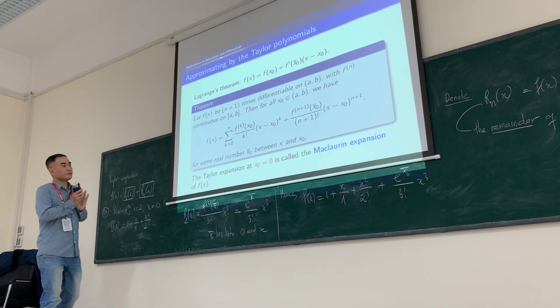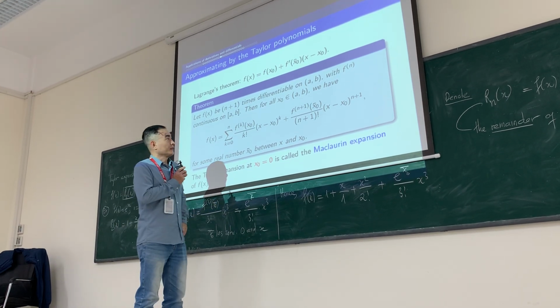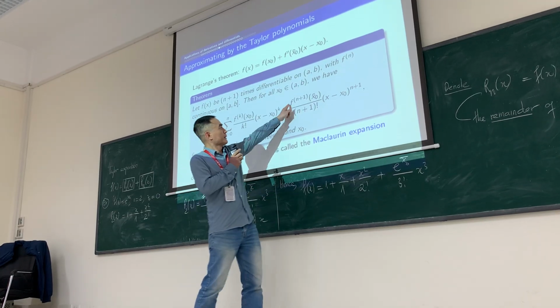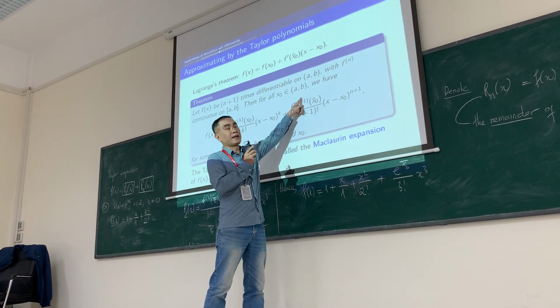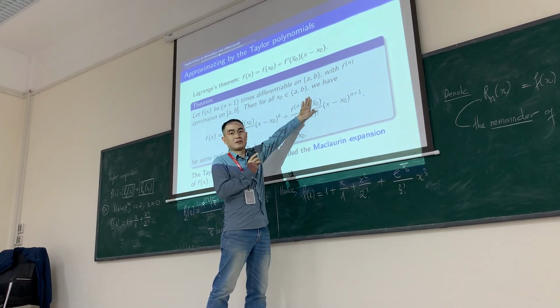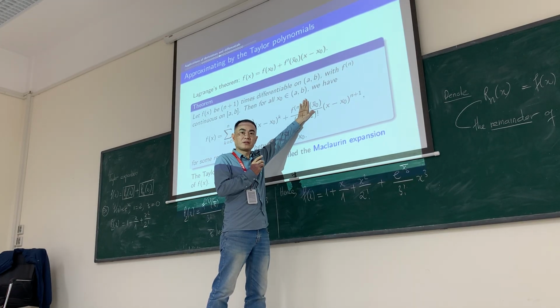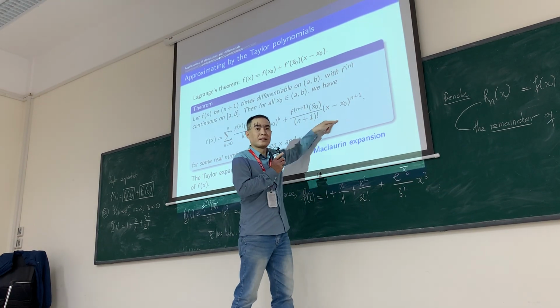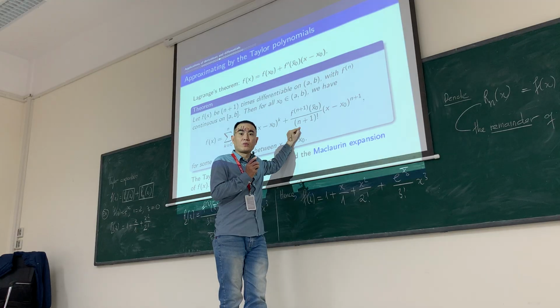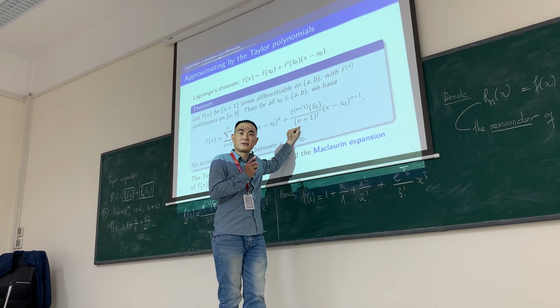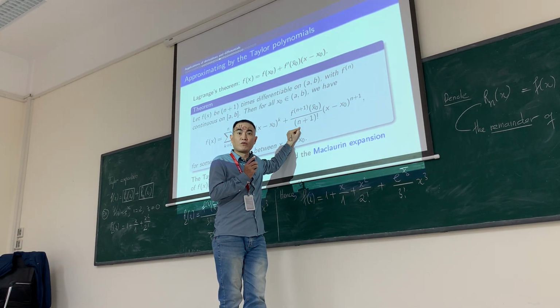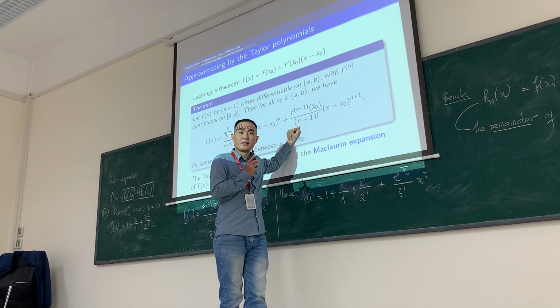Okay. Now, nothing new. You can see if the nth derivative of function f is bounded, we have the remainder infinitesimal when x tends to x0. Infinitesimal, vô cùng bé. Okay?